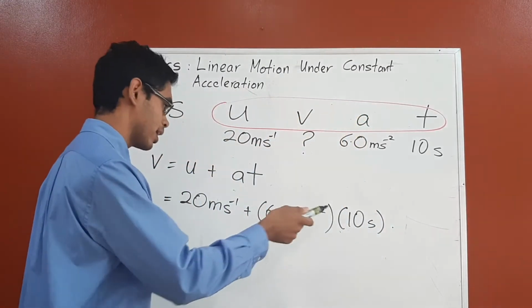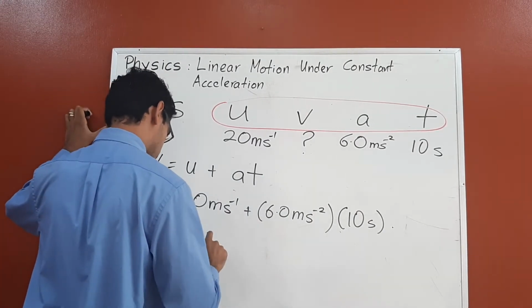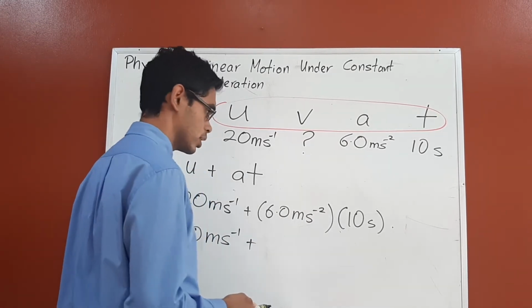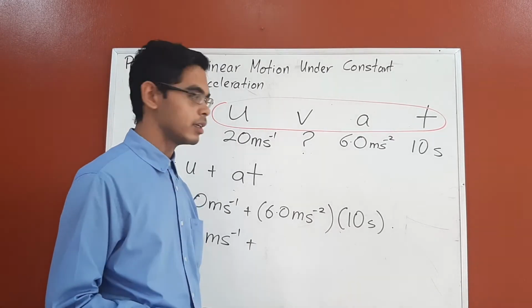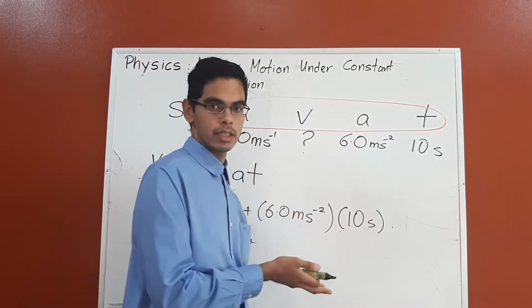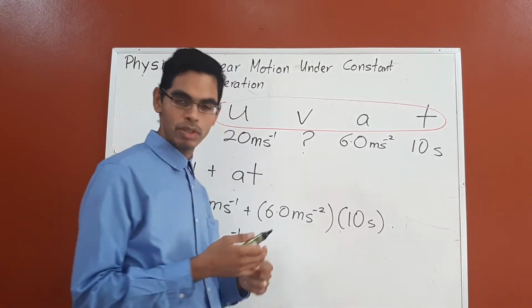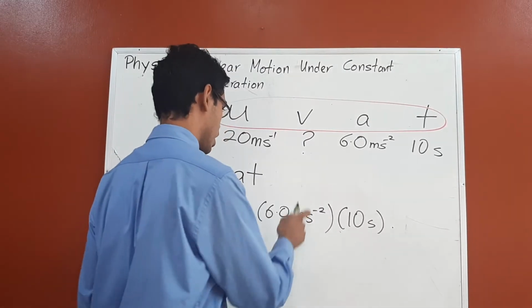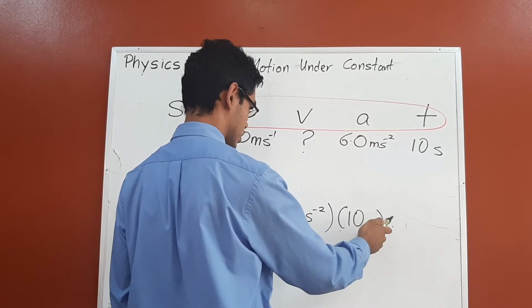Now, if you remember BODMAS, this calculation will be easy. So we will have 20 meters per second. Now, first let's work on the units that we'll have. To understand how these units work together, which I'm not focusing on in this lesson, you must have an appreciation for the laws of indices. In this case, we have per second squared times second.